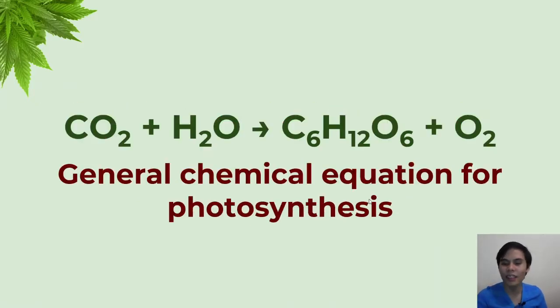It's basically to address the needs of plants, and this is the general chemical equation for photosynthesis. So it takes carbon dioxide, it takes water, and it takes sunlight in order to produce glucose and oxygen. So this is the chemical formula of glucose, and this is of course oxygen gas.